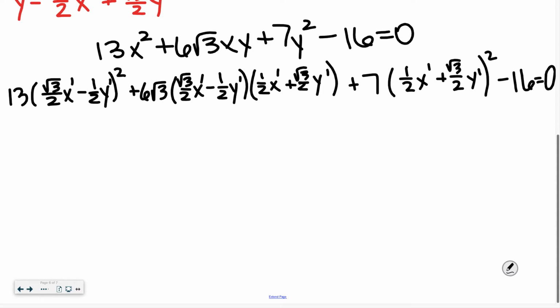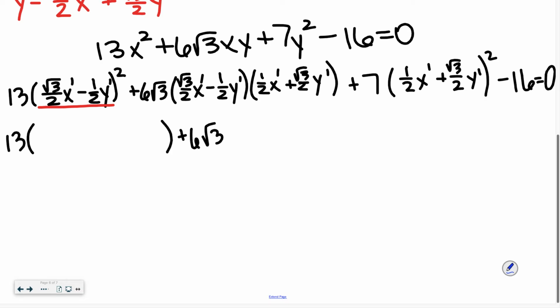So this is what I want you to do first. We're going to do this step by step to make sure we're not making a mistake. I want you to take this right here. You're going to write 13, and then you're going to write the FOIL of that here. Right? We have to FOIL this because it's squared, a binomial times a binomial. Then, plus 6 radical 3.